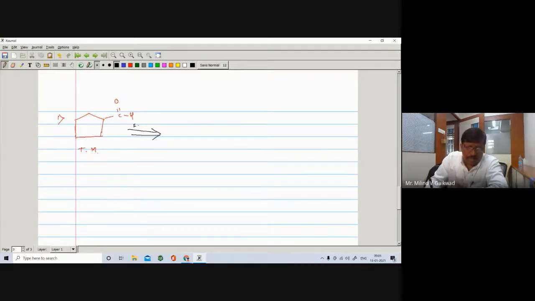So you have to convert into alcohol. How can you convert into alcohol? You just have to add a hydrogen H and H on the C=O, so you can get the corresponding alcohol. This is your cyclic compound, cyclopropanone. Here is a C, here is an O, and you have to add hydrogen H and H. It is a reduction reaction. So you have converted it into the corresponding alcohol.